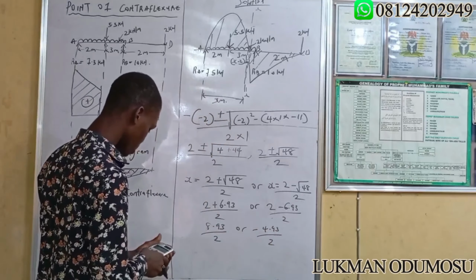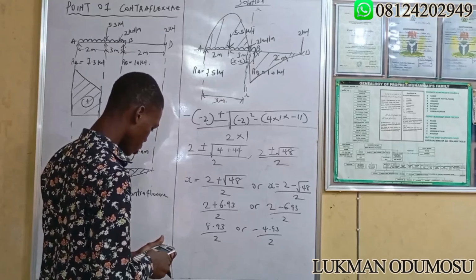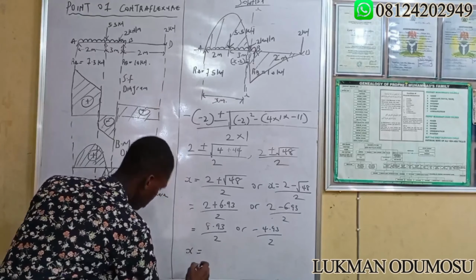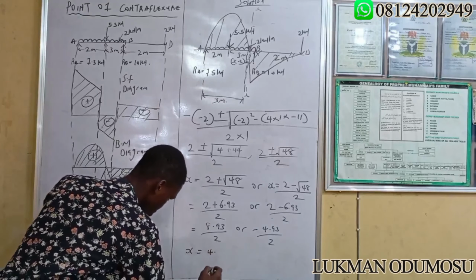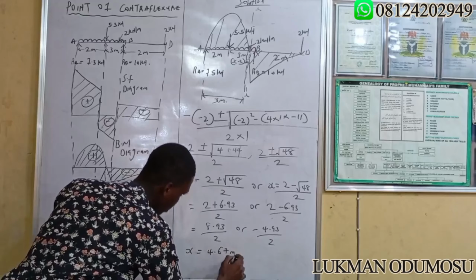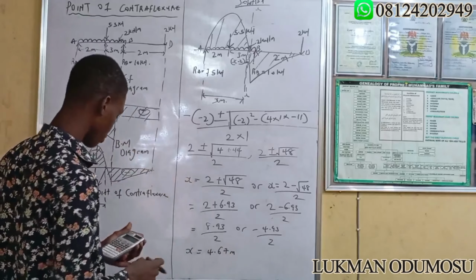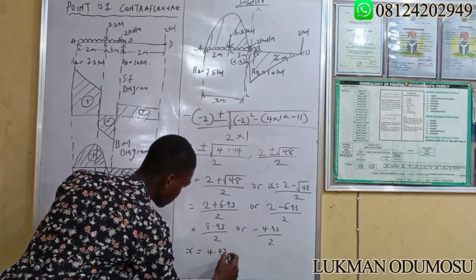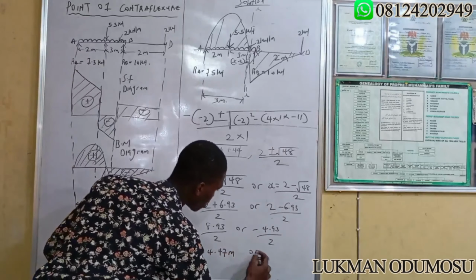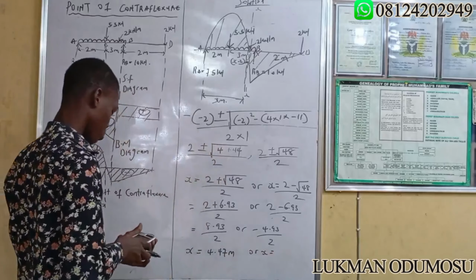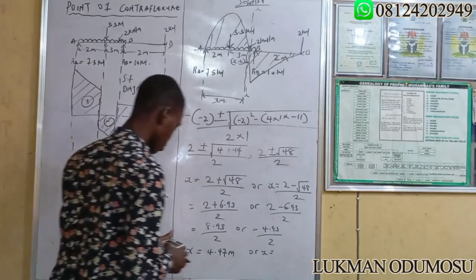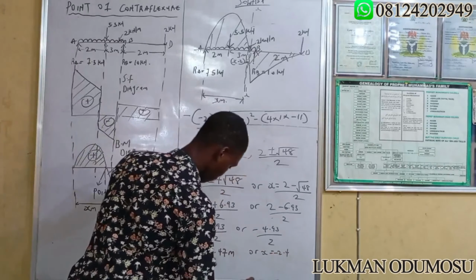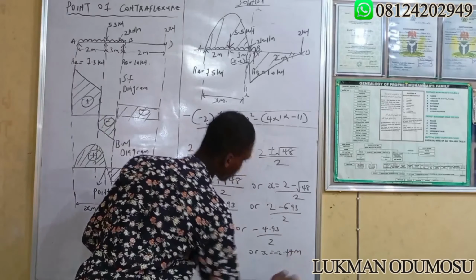From here, 8.93 divided by 2, I'm having x is equal to 4.47 meter, or x is equal to minus 2.47 meter.